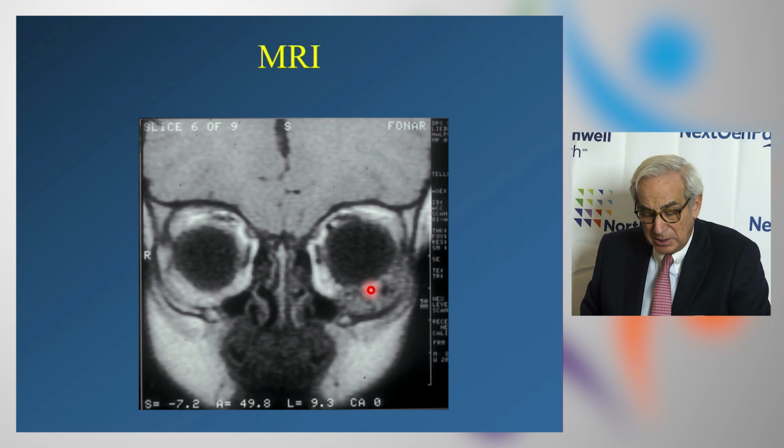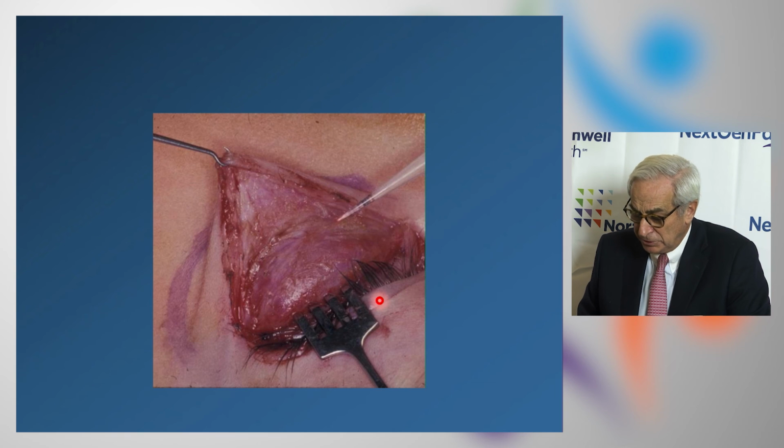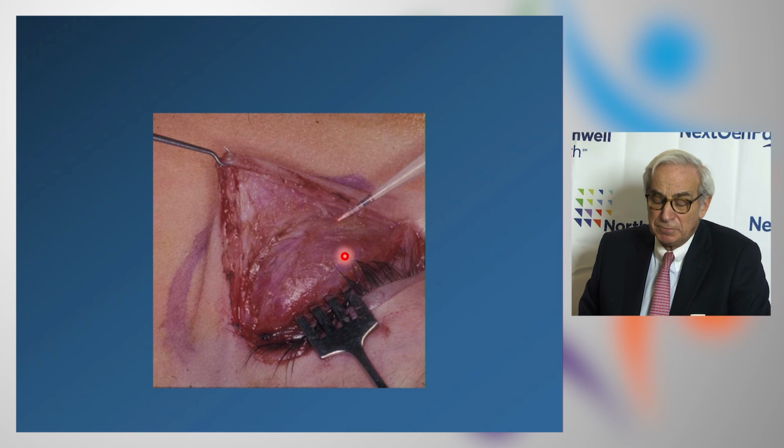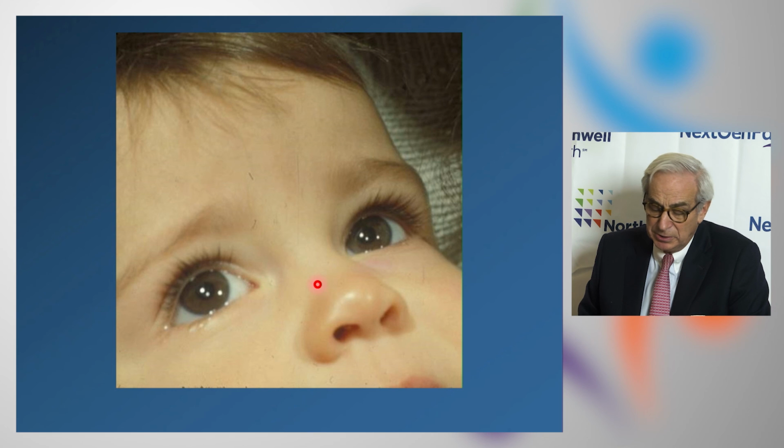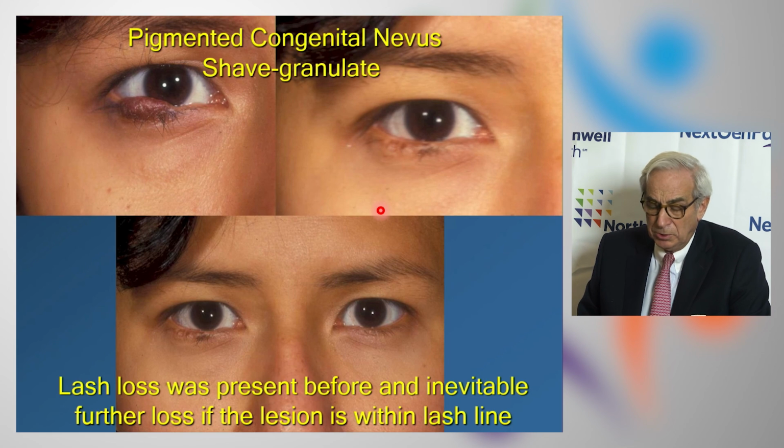It's elevating the globe, and it's occupying the infraorbital space for sure. These are usually removed in open surgery, can be removed using a laser, not through the skin, but on the soft tissue, since it's a vascular lesion, and the outcomes are quite good compared to more complex lesions.